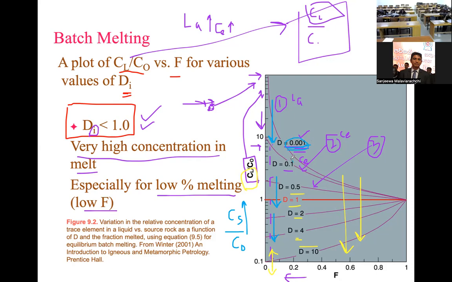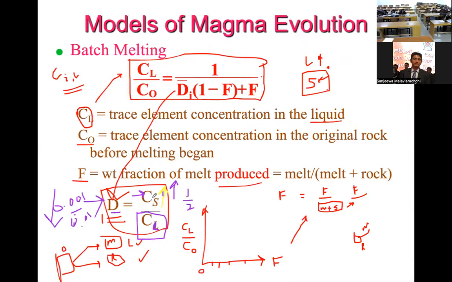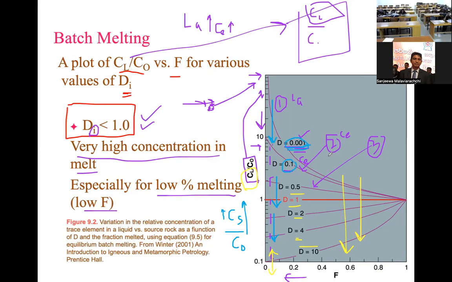For the next highest incompatibility, you are getting a partition coefficient of 0.01, because you are gradually increasing the C_S component in the partition coefficient equation, so that you will get a higher value for D. So for most incompatible elements, you will have a high concentration here. For most compatible elements, you will have a high concentration on top, in the numerator.